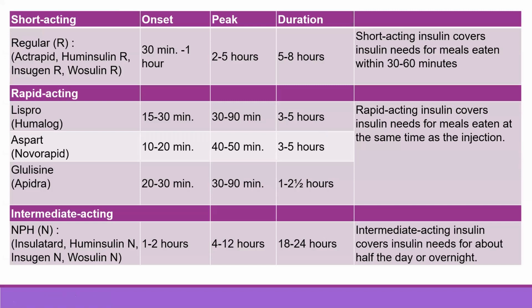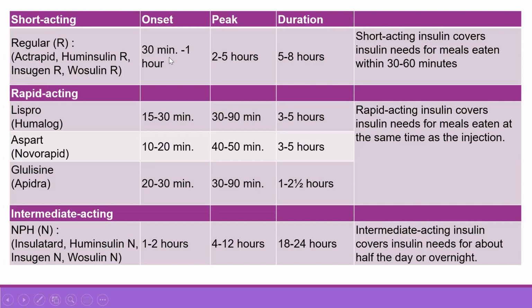So if we look at the different types of insulin I have discussed, we have regular insulin or short-acting insulin, and I have already given you the brand names with which they are available in the market. All of them are the same: they are regular insulin. Most of these insulins have an R mark in the trade name, so you can easily understand that they are regular insulin.